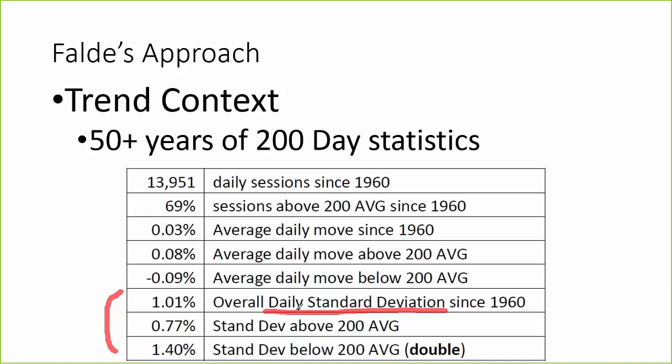Overall, the market moves about 1% per day. Above the 200-day moving average, it reduces to 0.77, and below, it is double what it is above.